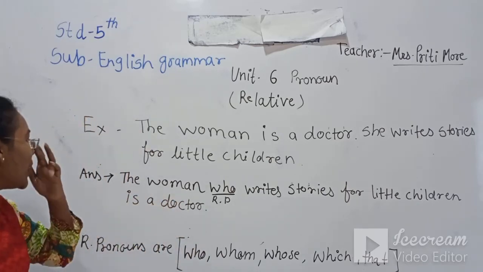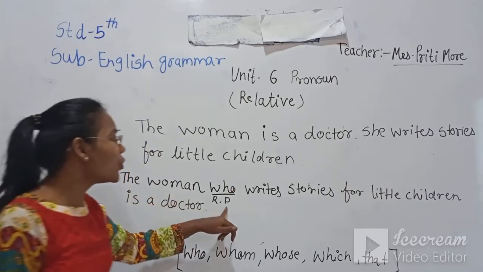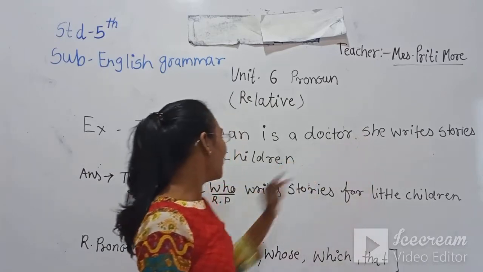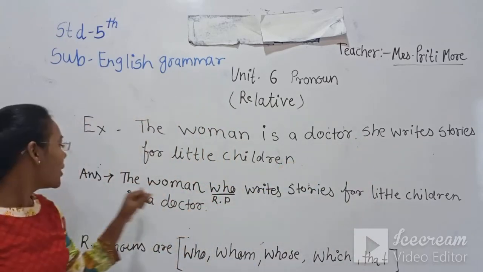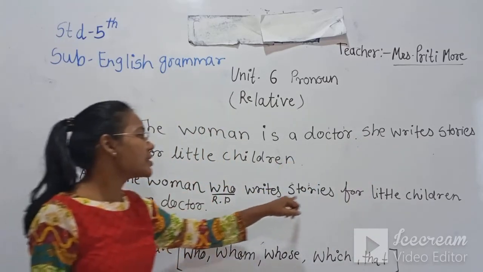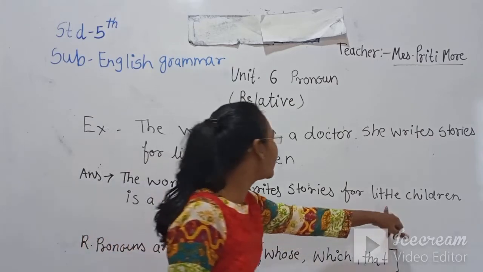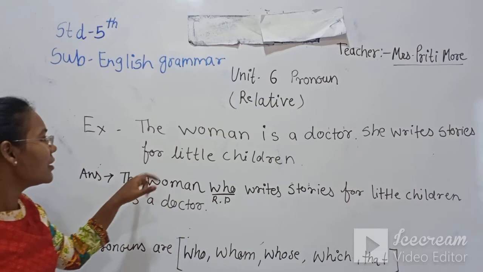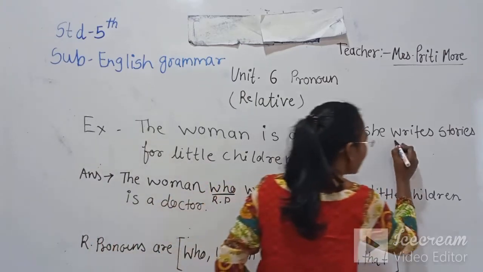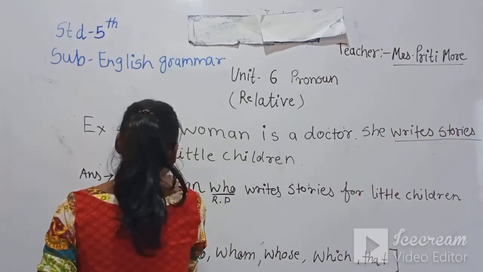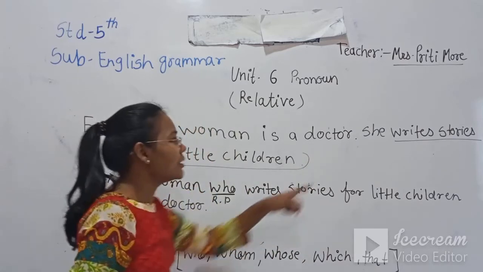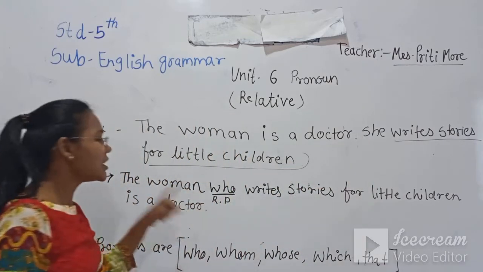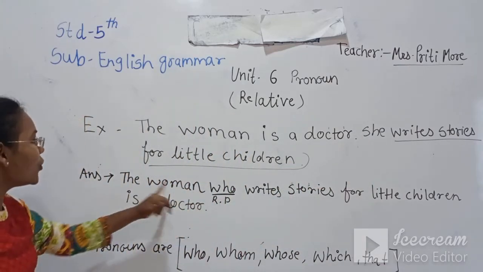So how did we make it? The woman who. In the place of 'she', we use here 'who'. The woman who writes stories for little children is a doctor. The woman, then directly we have taken this second sentence here. And in the place of 'she', we have used here 'who'. Right?